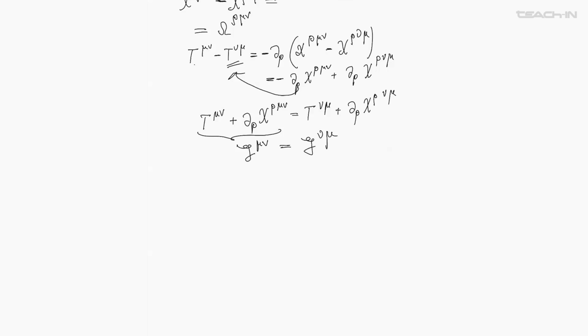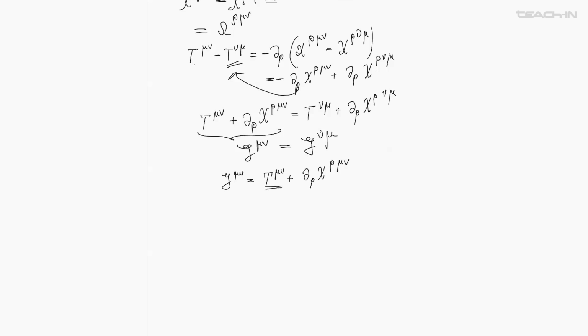The other way is to assume the opposite, that there exists an improved symmetric tensor, which means the tensor T mu nu is given by T mu nu plus an improvement term. So the improvement term does exist, which makes the original tensor symmetric with respect to permutation of indices mu and nu.